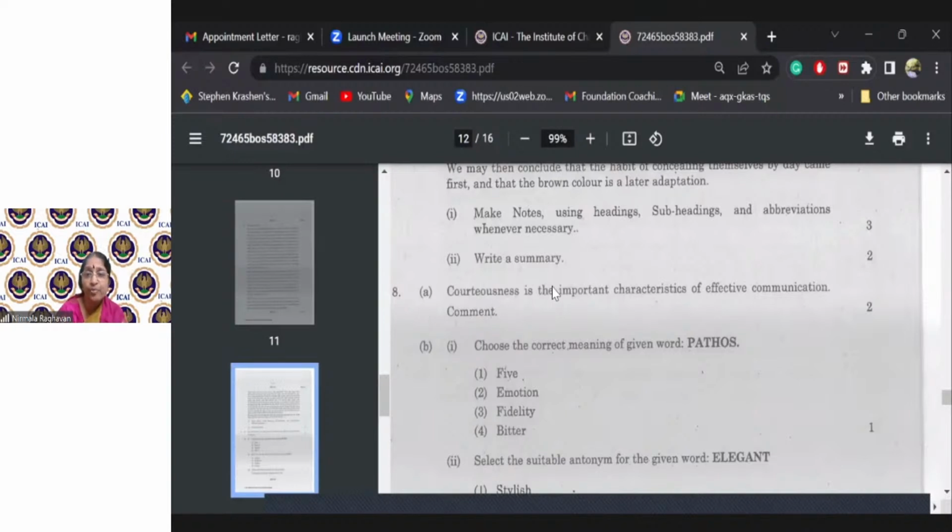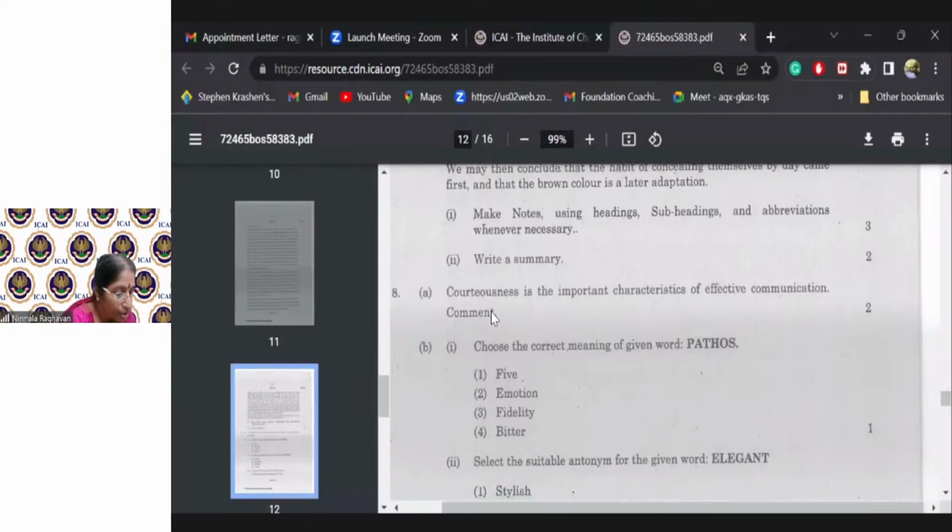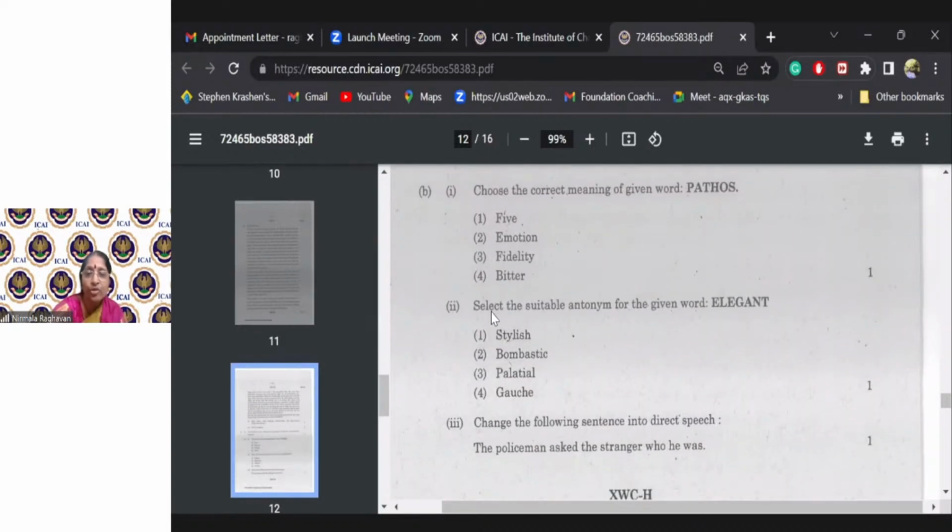Courteousness is the important characteristic of effective communication. Comment. So without courtesy, your communication will not be complete. Without courtesy, whatever message you want to convey may not be the right thing. You may not be able to convey your communication properly. Therefore, courtesy is important when you communicate.